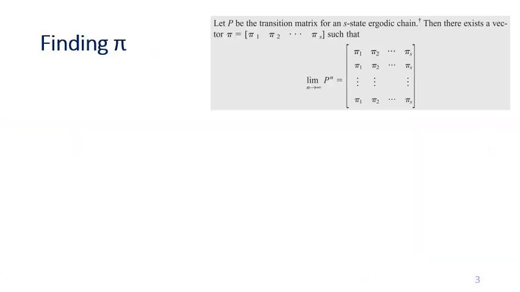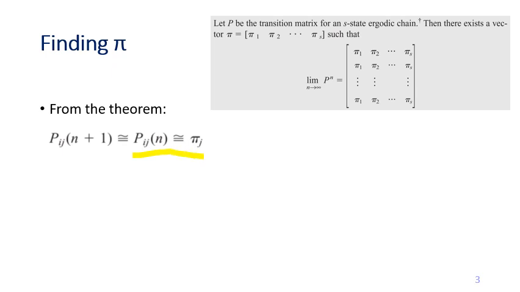Now let's look at how we may find the values of the pi's. So from the theorem, let's look at this part. The theorem says that the probability of transitioning from state i to state j after n steps, when n is large, equals pi j.